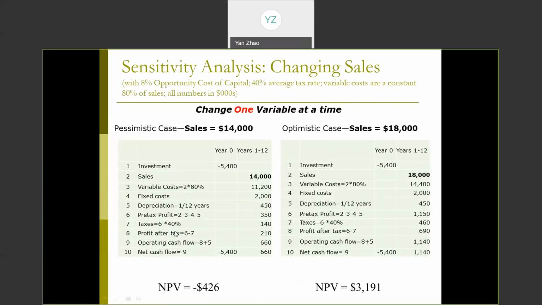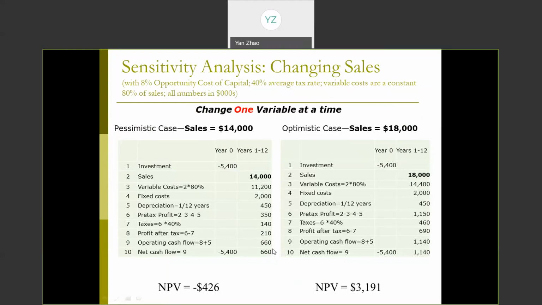Tax will be 40% times pre-tax profits, $140. Profit after tax will be profit minus tax, $210. Add back the depreciation, $450, and your operating cash flow is $660. That is the cash flow we use in the net present value calculation.